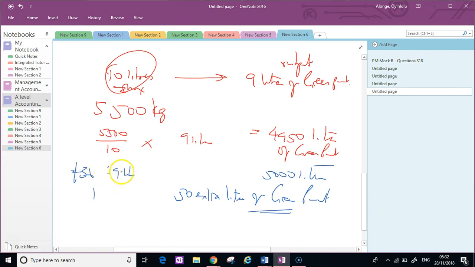They didn't have to give you that. They could just have kept it as 5, 10, and 21. Then you would have had to add that together and divide by the 9 liters, because that's the cost of making 9 liters. That's the key point here.